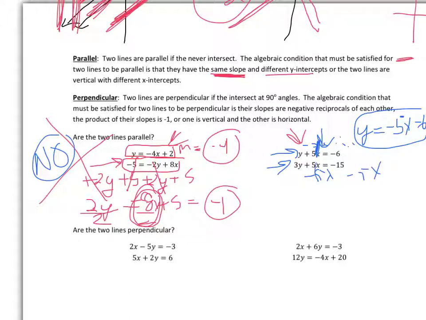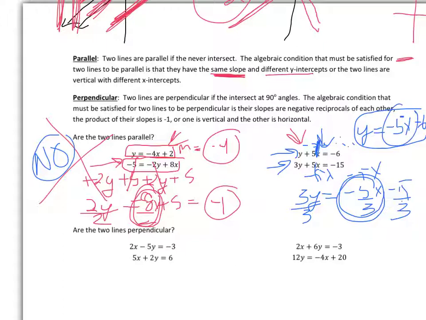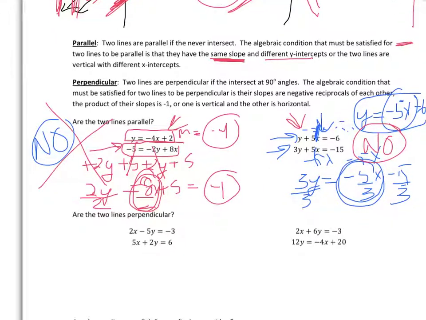We get cancellation, so we get 3y equals -5x minus 15. And then last thing, divide everything by 3. We want to compare the slopes here: -5/3 and -5. Those are not the same. If they're parallel, they have the exact same slope. So no, these are not parallel.